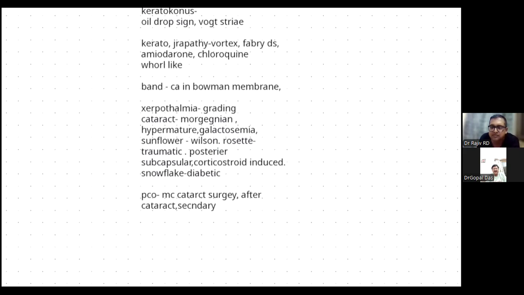For example, there are 10 layers of the retina, and in retinal detachment, which layers are involved? You must stress on this. Second, suppose there is conjunctivitis. There are so many types of conjunctivitis, so you have to see what the causative agents are and what the minor clinical differences are. You have to just catch these points.